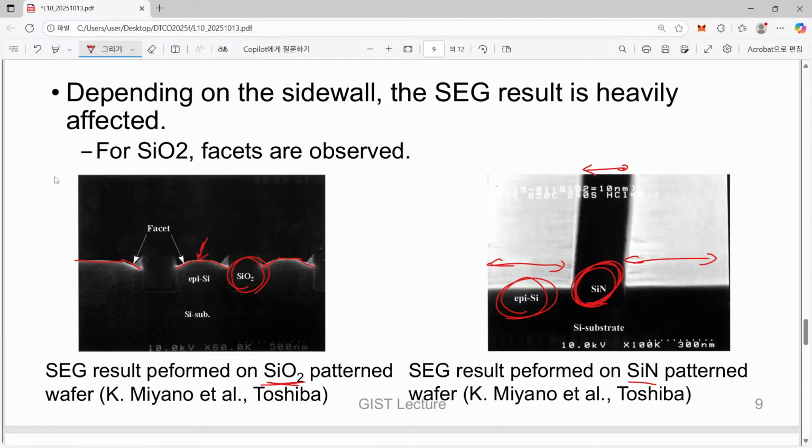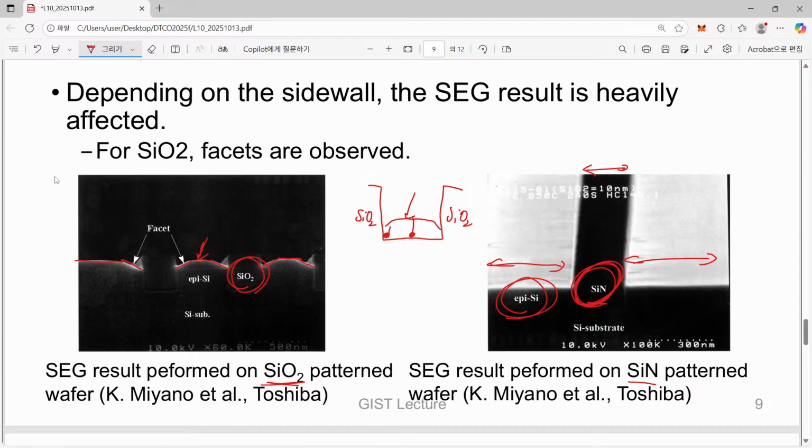So this is the situation. Here we have silicon dioxide, and here we have just a bulk point. The points shown here and here have different growth rates. This one grows fast and this one grows slower.